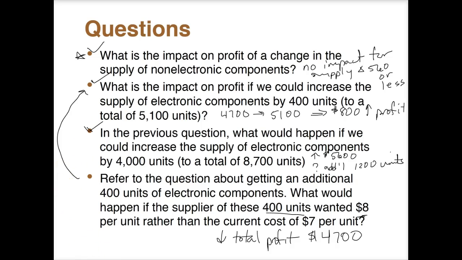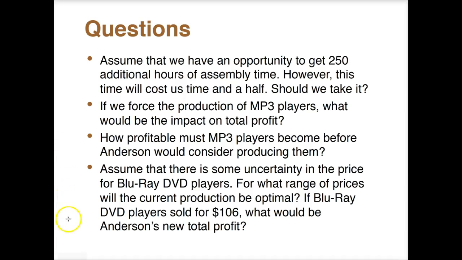All right, so let's move on to the next set of questions. All right, so question number 5. Question number 5 says we want to assume that we have the opportunity to get an additional 250 hours of assembly time. Okay. However, it's going to cost us time and a half. Should we actually do this?